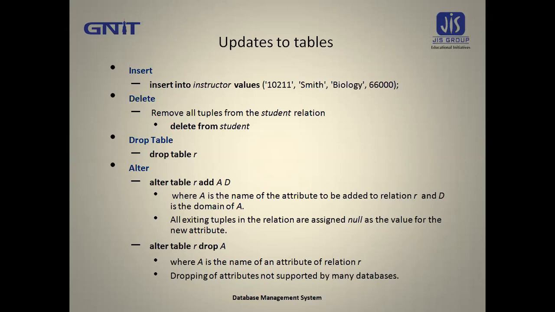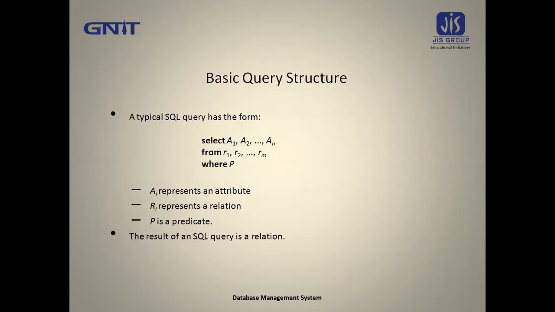Suppose I don't want to show or store the salary value for each instructor, then we can drop the salary part from the instructor relation. So alter table is used to make changes in the schemas of the relations.